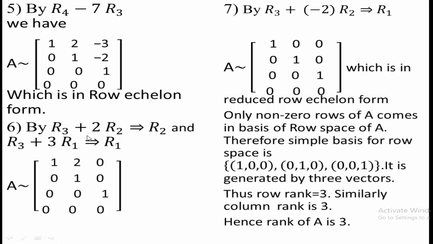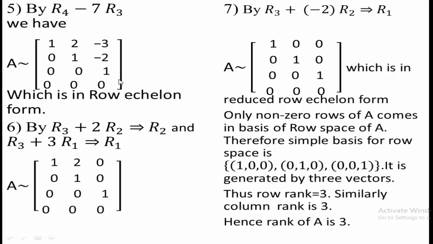for converting this matrix to a reduced row echelon form, which operations do we have to perform first? We have to bring 0 here, first at the places of minus 2 and minus 3. So R3 plus 2 R2, multiplying R3 by 2 and adding to the second row, we have to get 0 here.